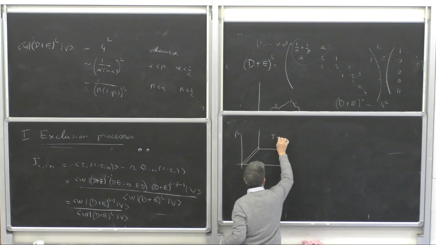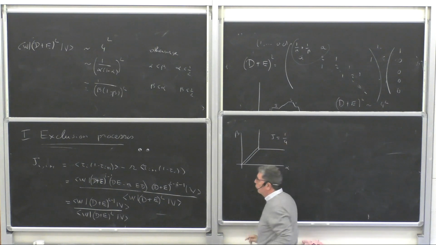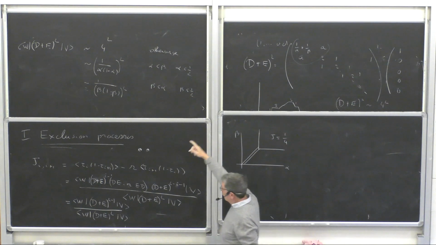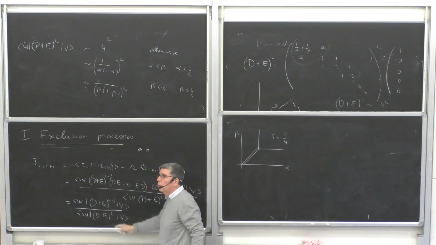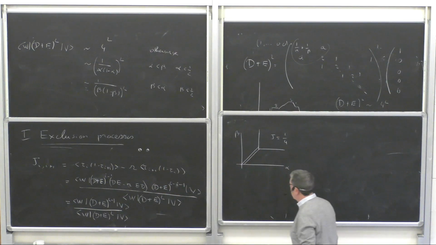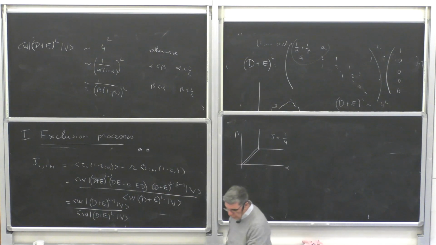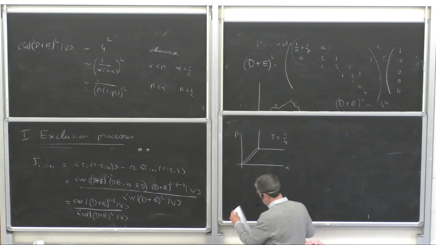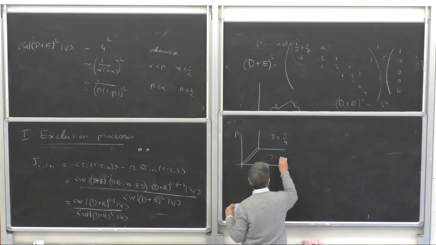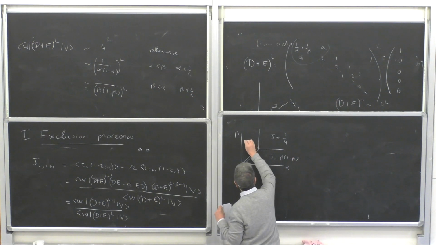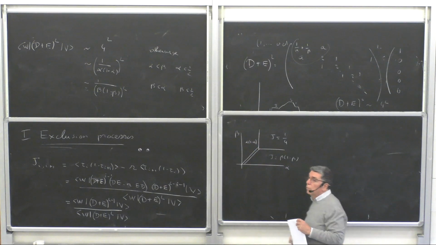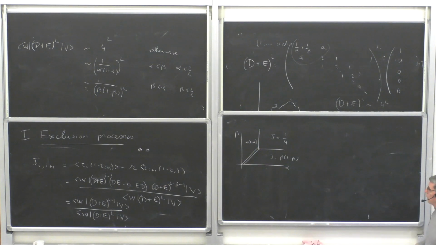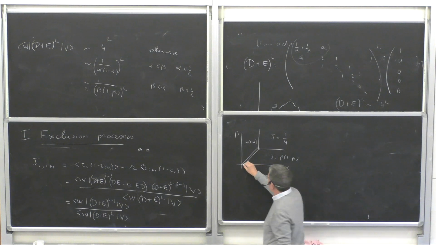Here, the current for a large system is 1/4, because it's the ratio of L minus 1 divided by L. Here, the current is equal to beta(1 minus beta), and here the current is given by alpha(1 minus alpha). So you have a phase diagram, and here is the first order transition.